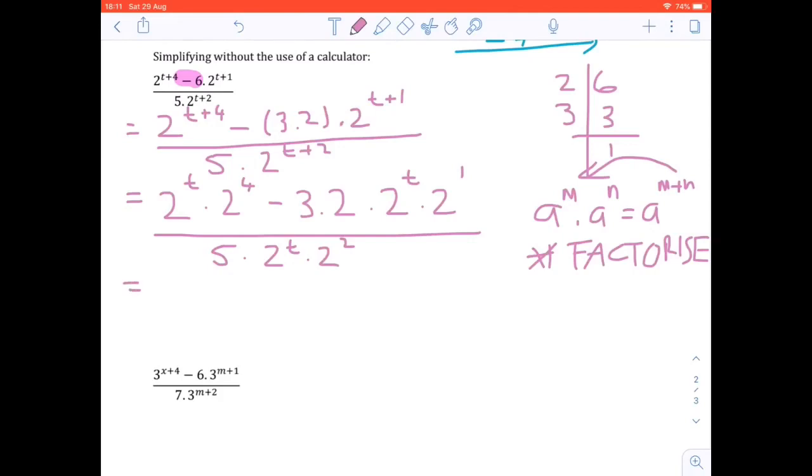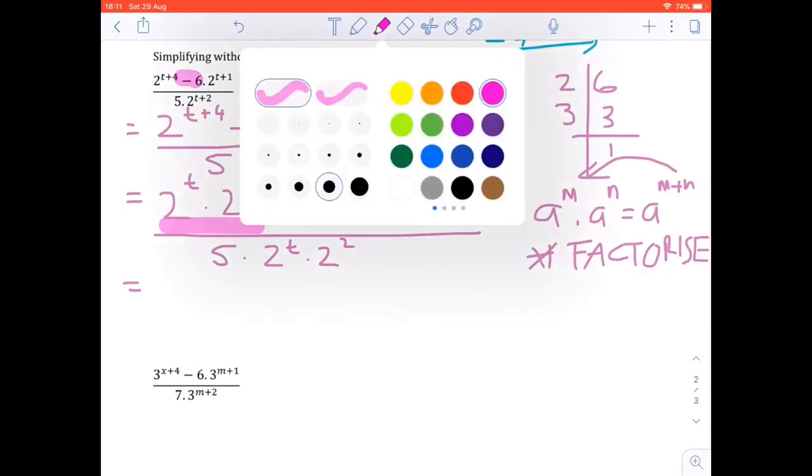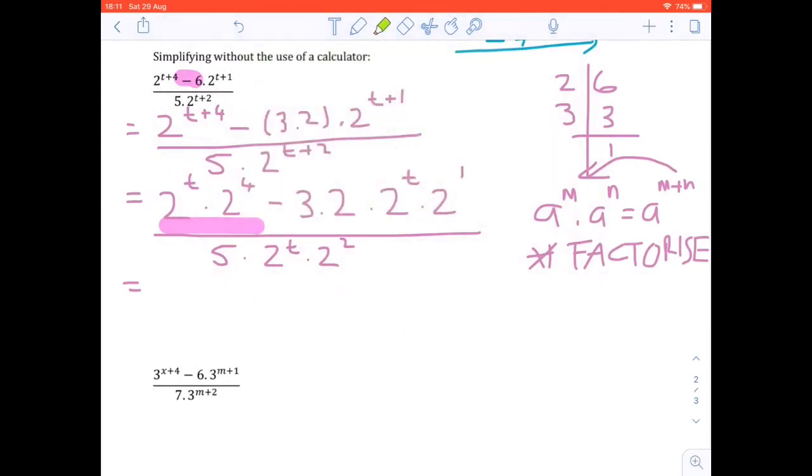So we look at our two terms: that's our one term, and this is our other term. Terms, remember, are separated by plus or minus signs. So look at your first term and then your second term and see what is common.